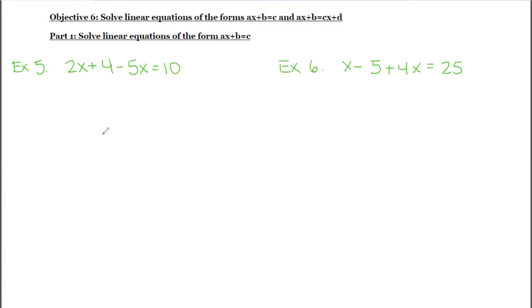Okay, so in these next 2 examples, we have another feature added, if you want to call it that. A mistake that I see all the time is people say, okay, 2x and then negative 5x, so let me add 5x to both sides. Okay.